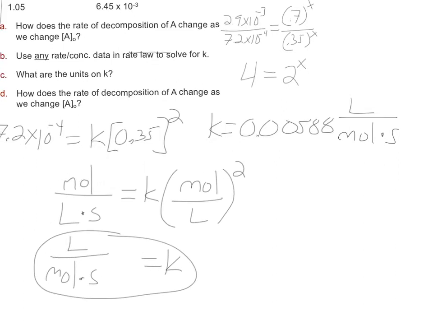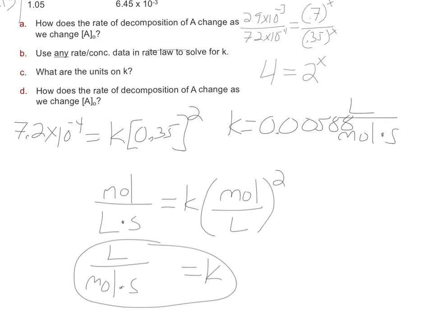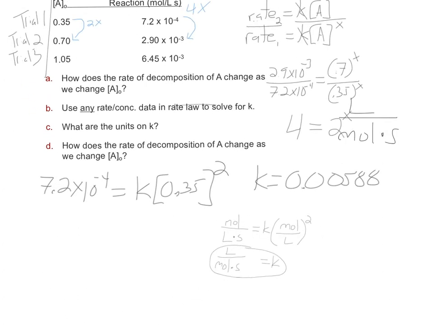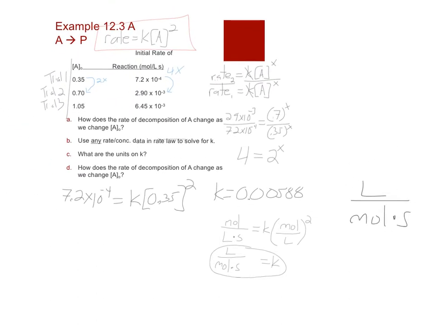Last question. How does the rate of decomposition change as we change A? And we've already said that that is a squared relationship. So we bring all this back down here. And we just used that from the first two trials. We doubled that, and this one got quadrupled. We can actually see it with the other trials too.